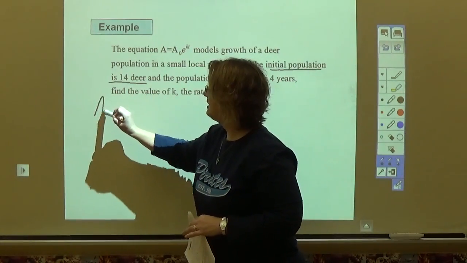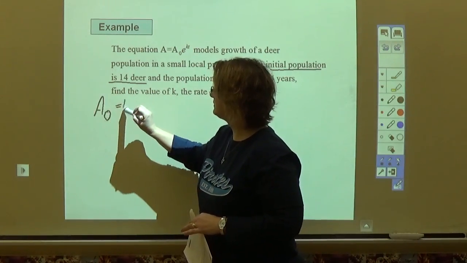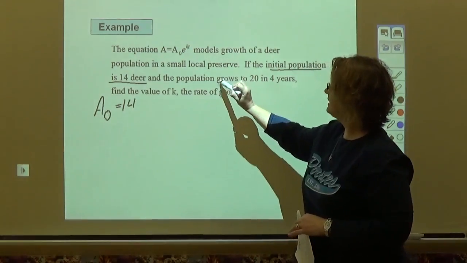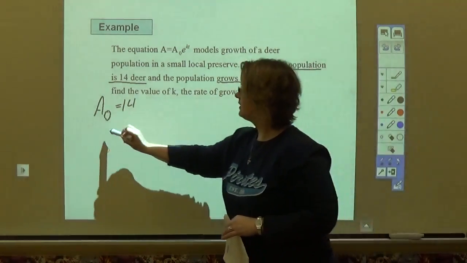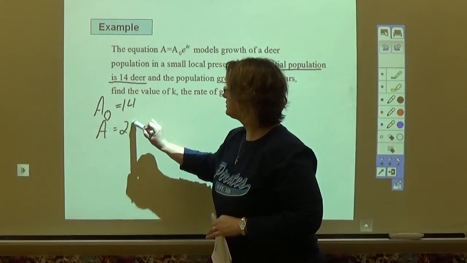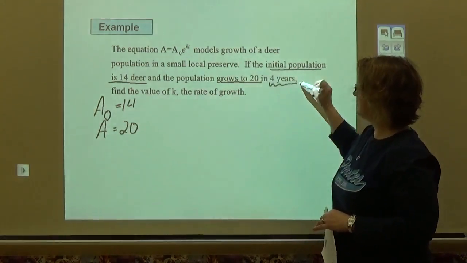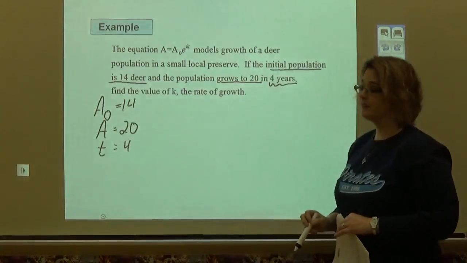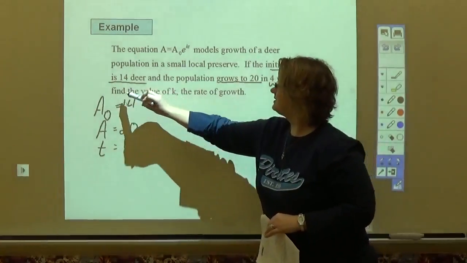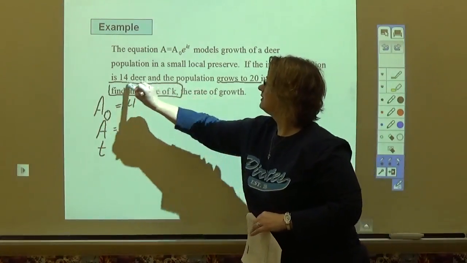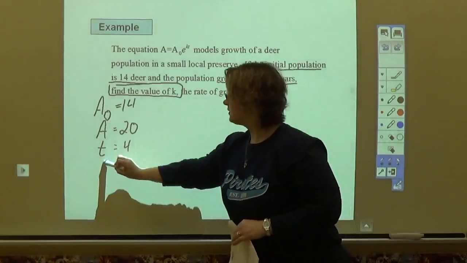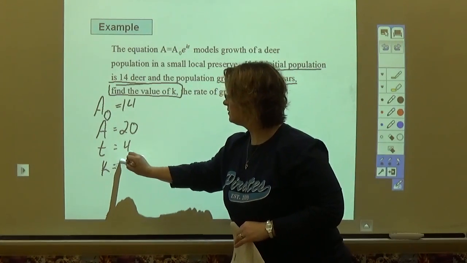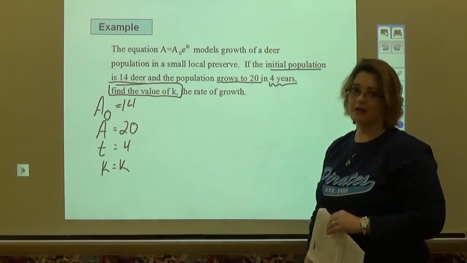So right away, A sub 0 equals 14. The population grows to 20. So A equals 20, and it's in 4 years. So T equals 4. And it says find the value of K. So K equals K. That's what I'm plugging in.